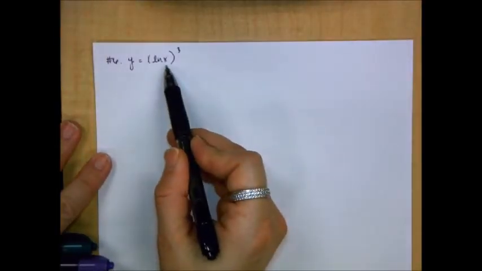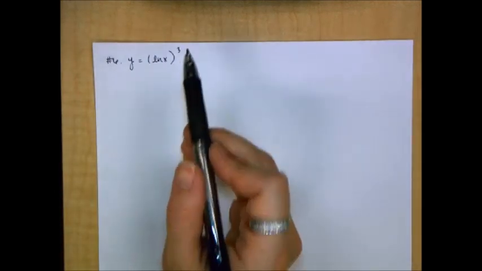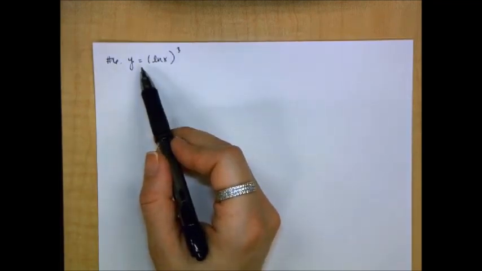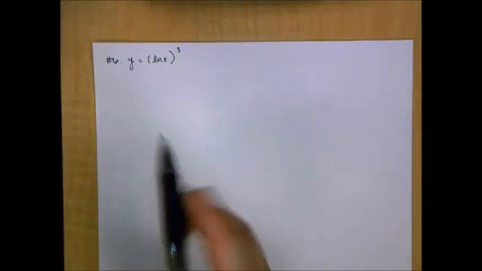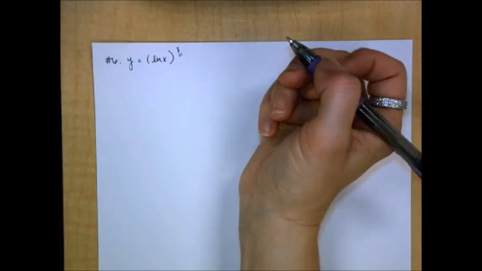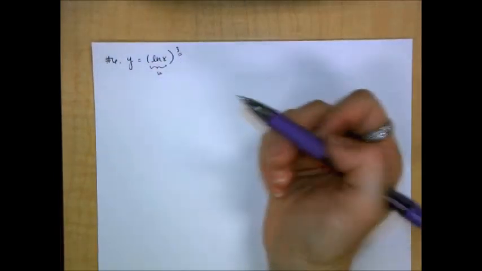So I can't use the power rule property to bring the 3 out front. Instead, I'm going to just start taking my derivative because the outermost piece is a power rule. So really, this is taking the derivative of u cubed, and the derivative of u cubed is 3u squared.